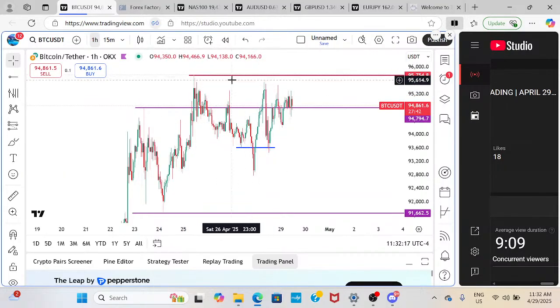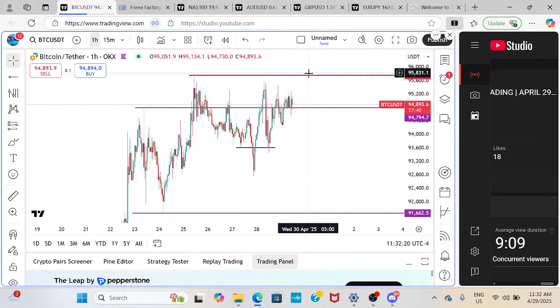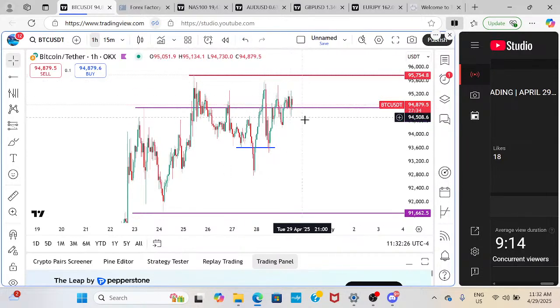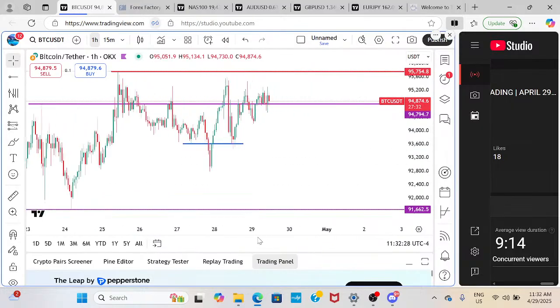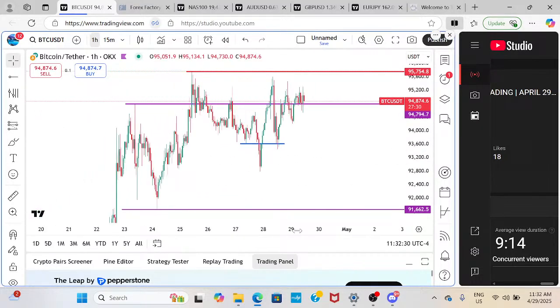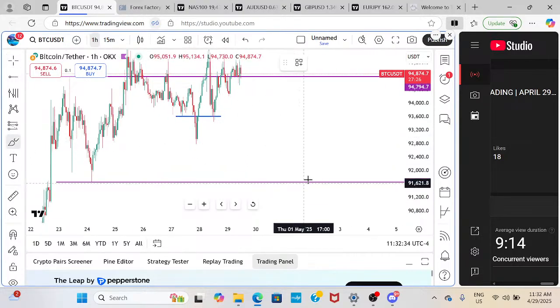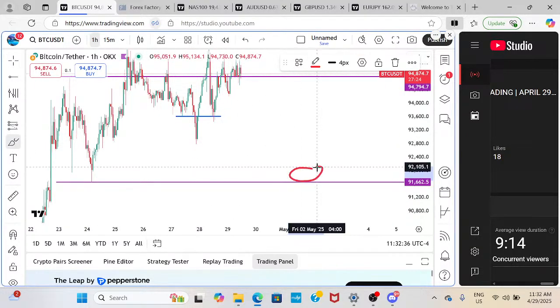And we can see the price is basically struggling to break this resistance. It has attempted multiple times to try to break it, but still finding it hard to break it. So at this point, if I'm going to buy Bitcoin, a good area to buy Bitcoin is going to be down over here.